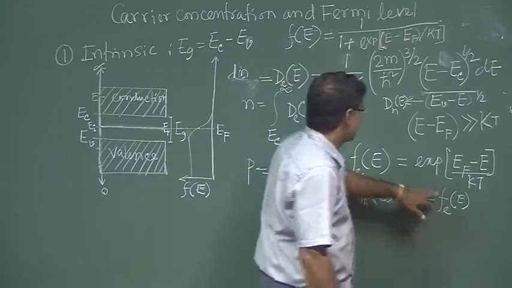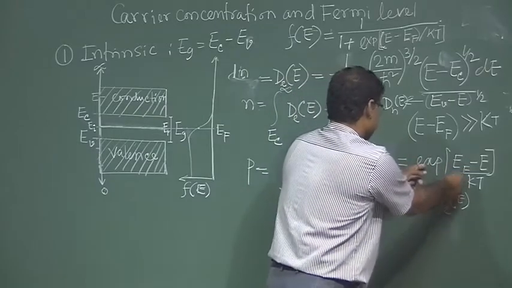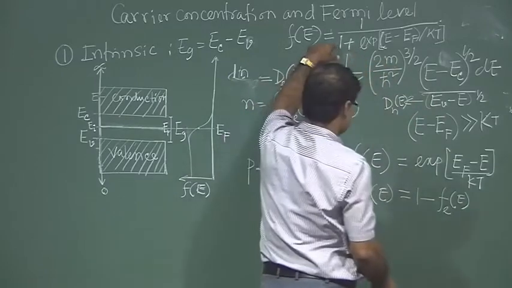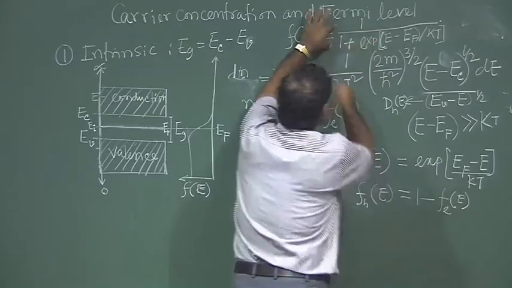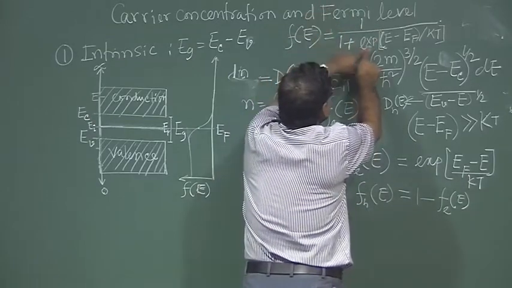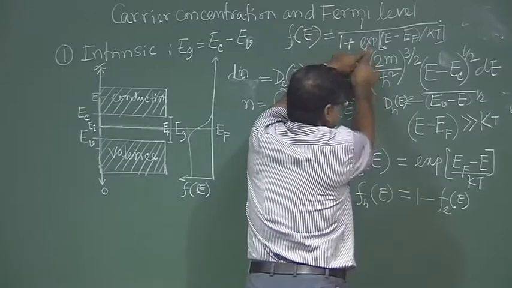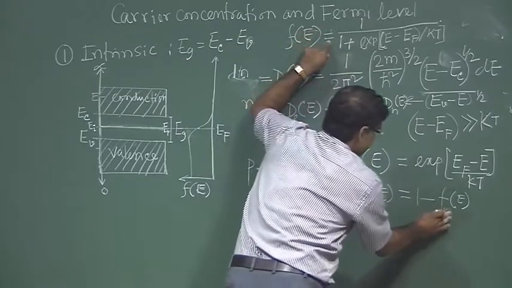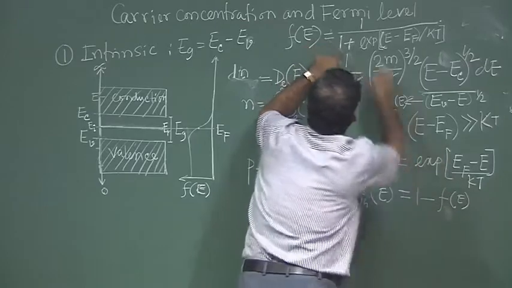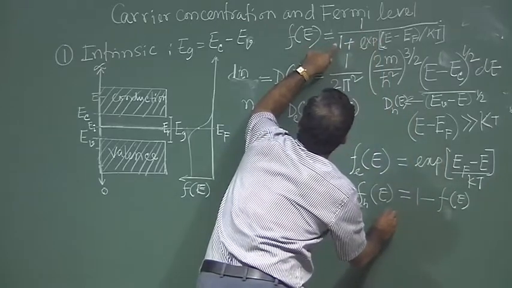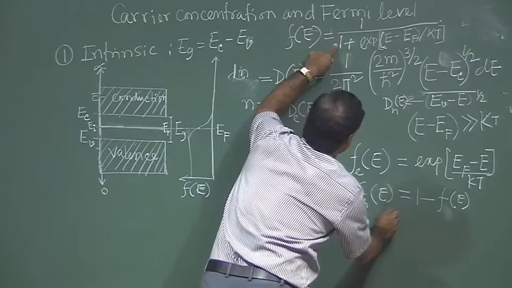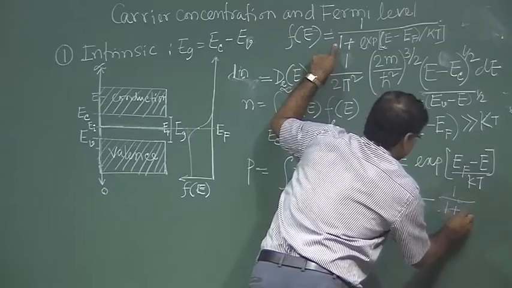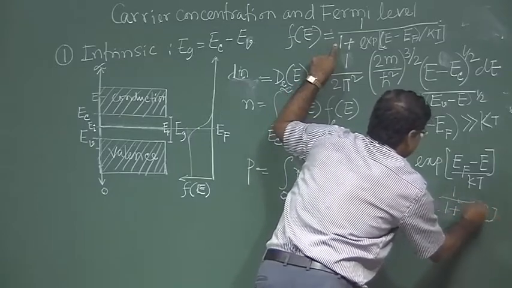Okay. So, from here, just it is 1 minus this Fe, or you can get from here also 1 minus this. So, 1 minus this means, so it will be exponential, yes. So, not Fe, just I will start from here. So, it will be Fe, it is 1 by 1 plus exponential this term, right.